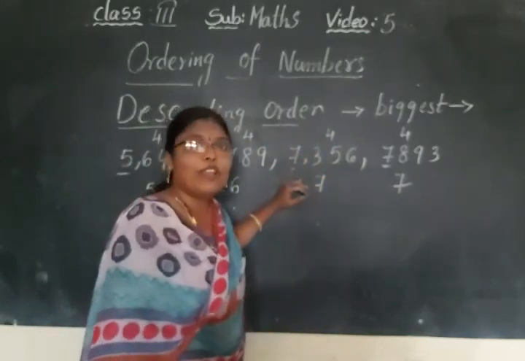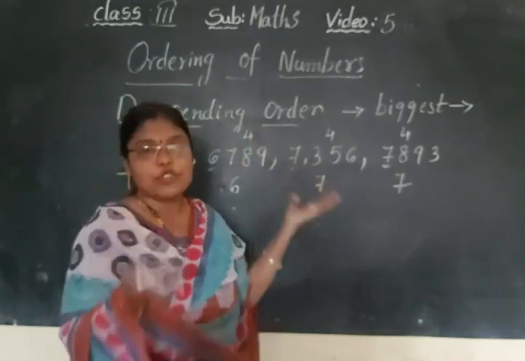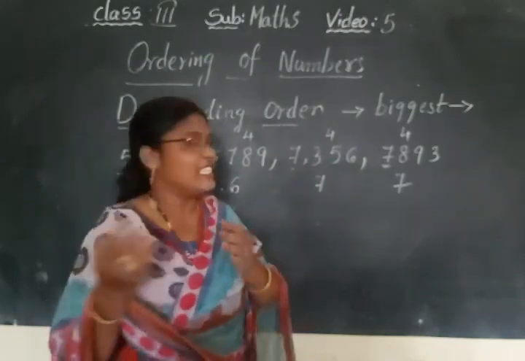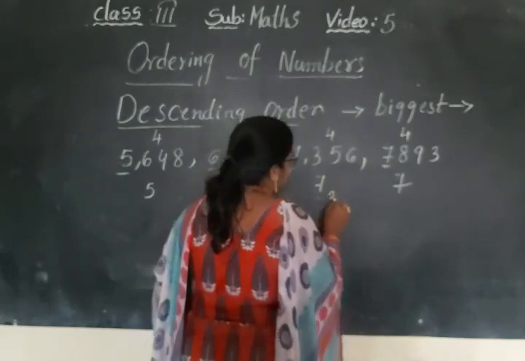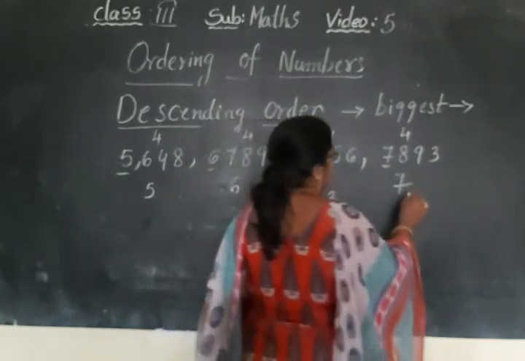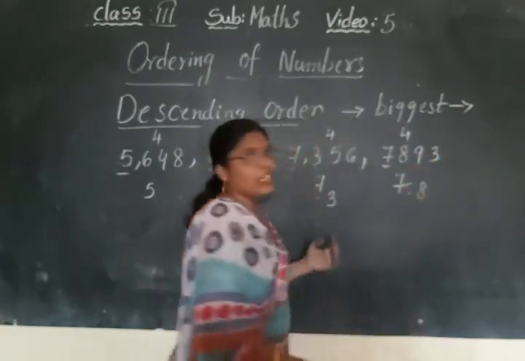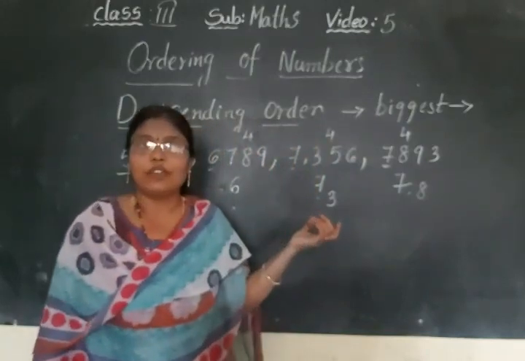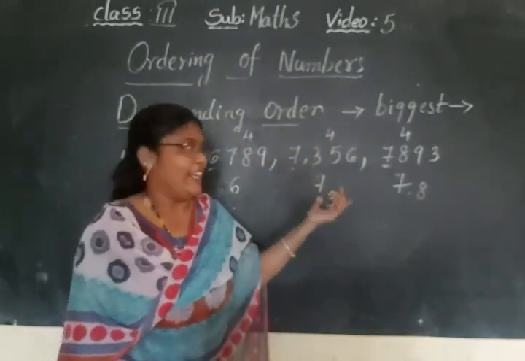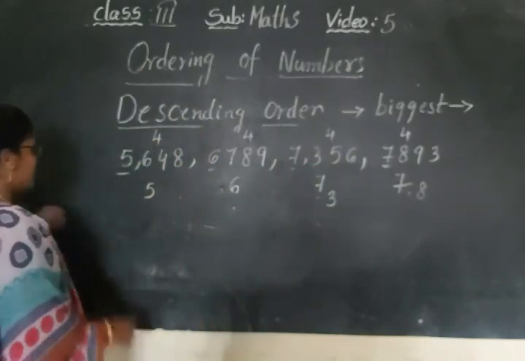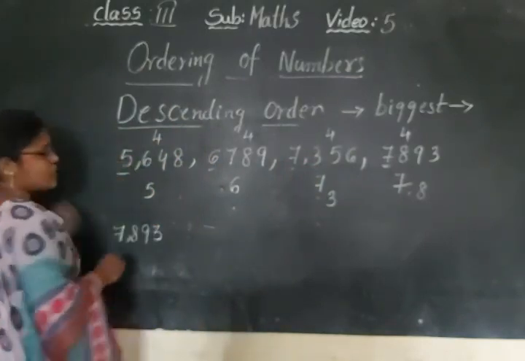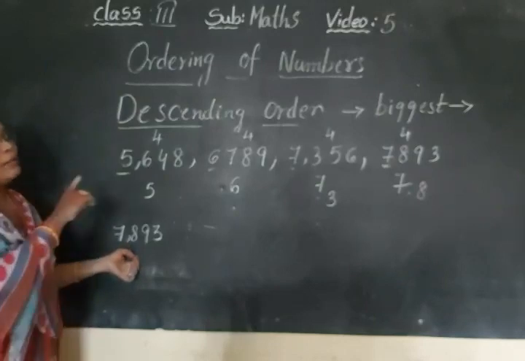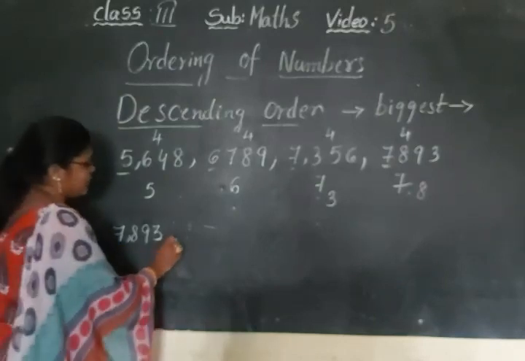So now what do we have to do? We have to compare the next digit. What is the next digit here, which is in the hundreds place? Here we have 3 and here we have 8. Which is the bigger one, 3 or 8? 8. So write 7,893, which is the biggest number among all of these, first.